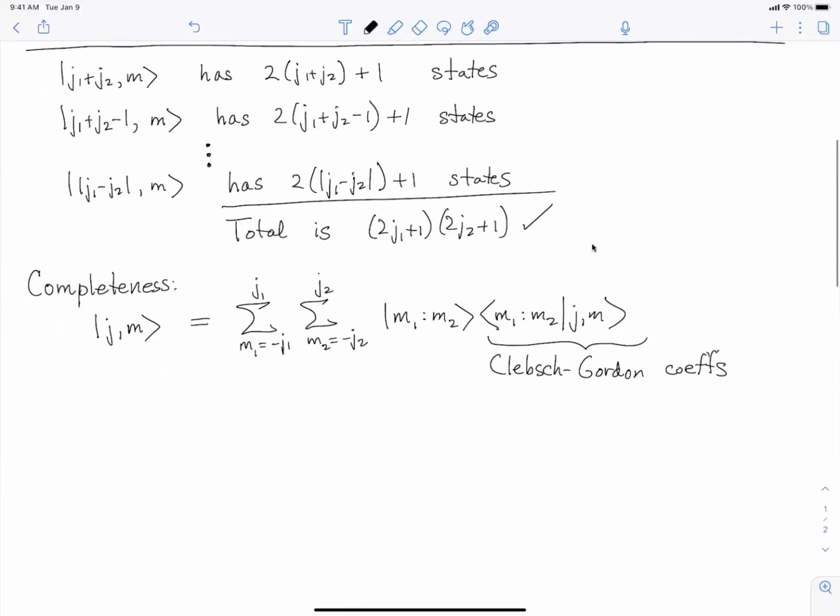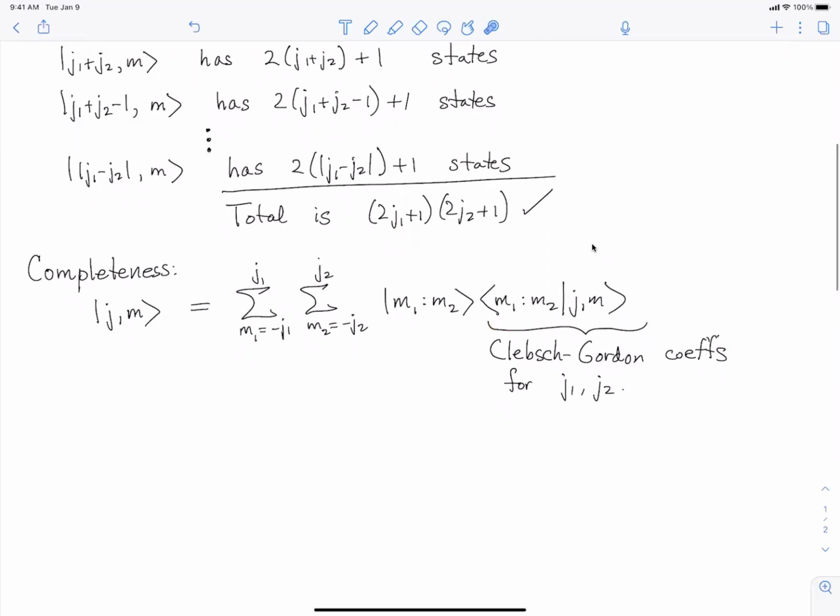And these are for j1 and j2. So notice the notation that we've been using omits the j1 and j2. That's just supposed to be understood based on whatever context we have for this equation.